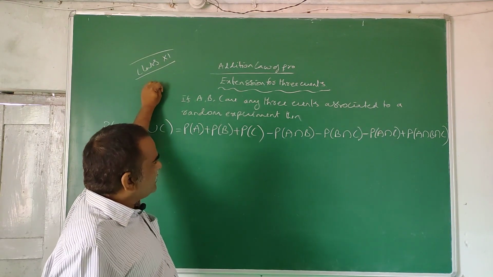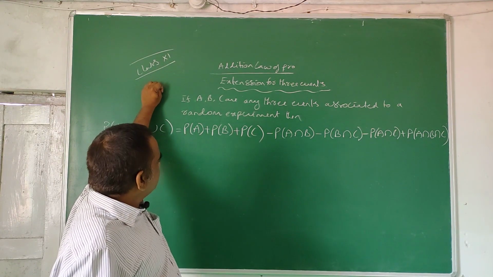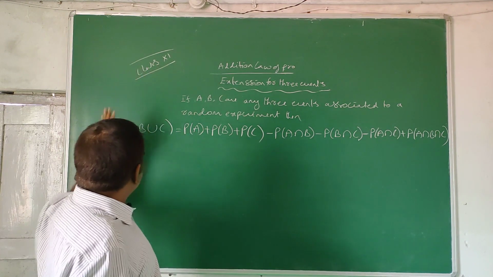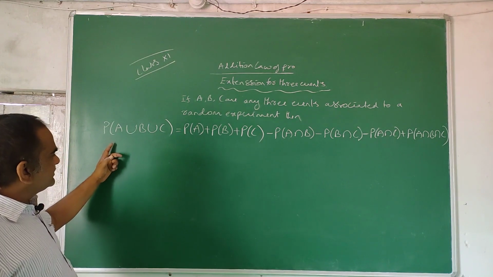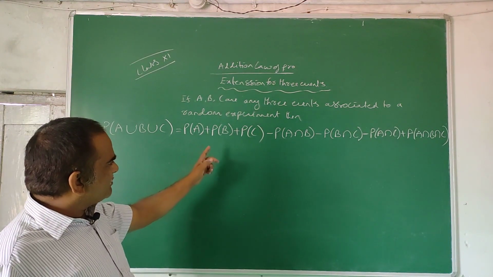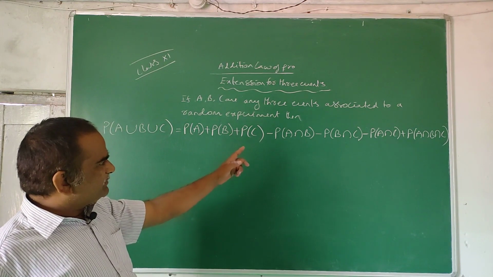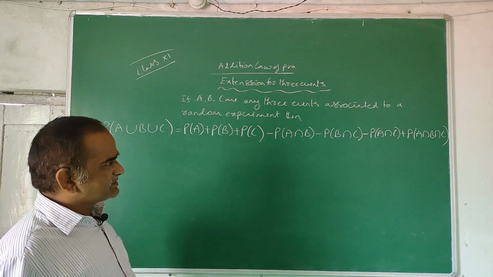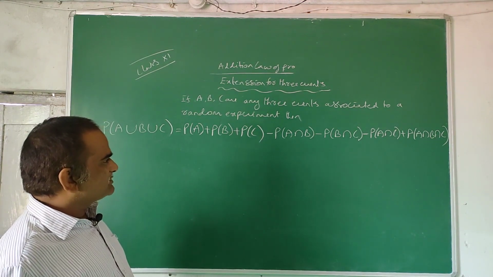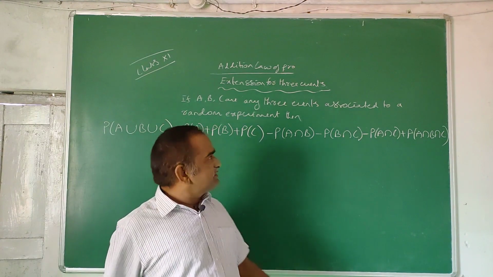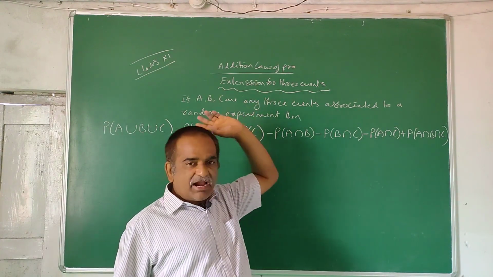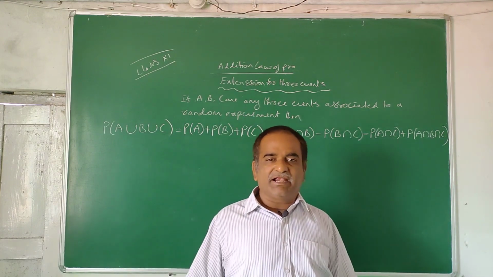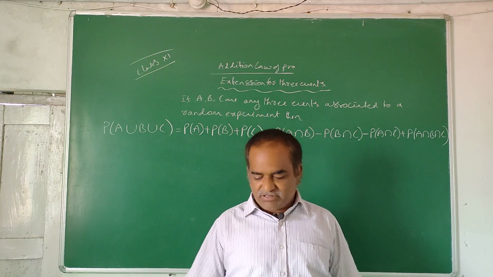If A, B, C are any 3 events associated to a random experiment, then P of A union B union C is equal to P of A plus P of B plus P of C minus P of A intersection B minus P of B intersection C minus P of A intersection C plus P of A intersection B intersection C. This is the extension of the addition law of probability. Understood?